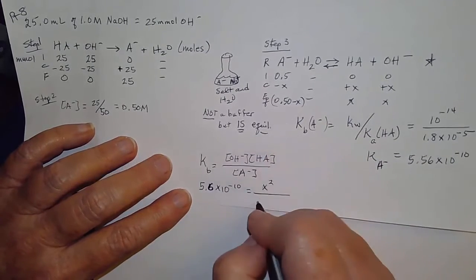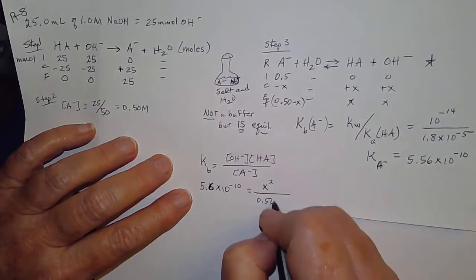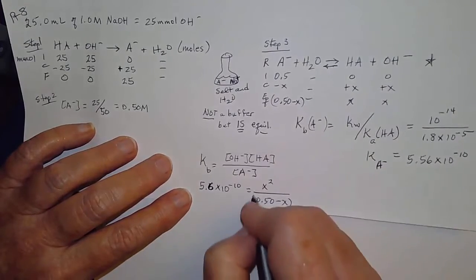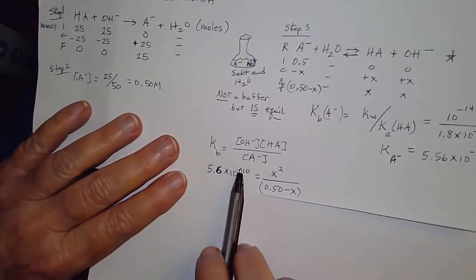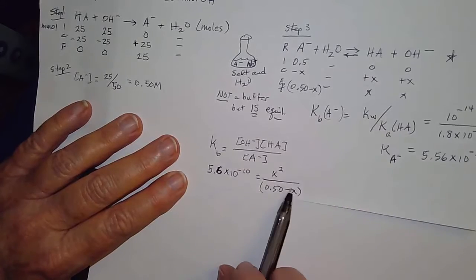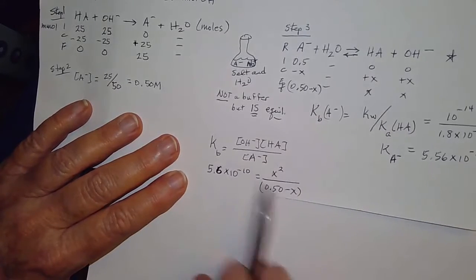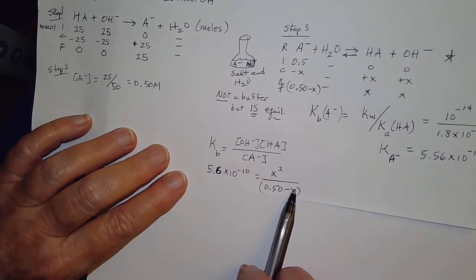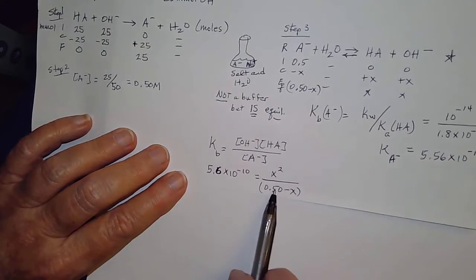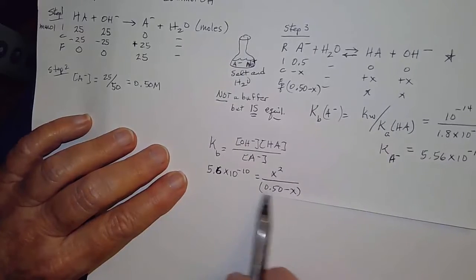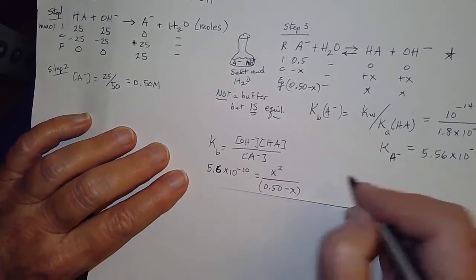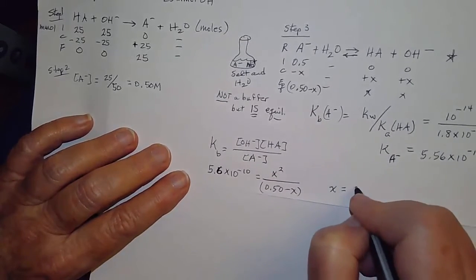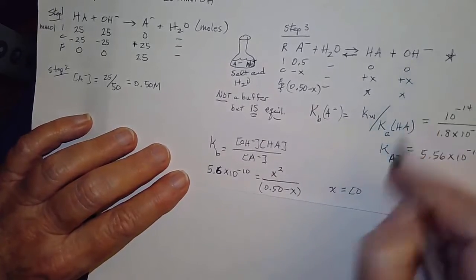Over 0.50 minus x. But look at that Kb. Kb is so small, and they're way more different than 5 orders of magnitude. So I'm not going to have to worry that x is going to change when I subtract it. I'm still going to be at 0.50.